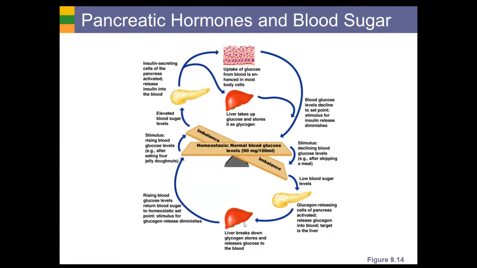Because glucagon is released when blood sugar levels fall, glucagon is described as the hormone of fasting. All right, so that's the story of insulin and glucagon and how they maintain blood sugar homeostasis.